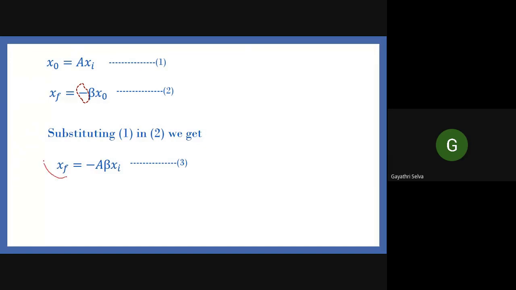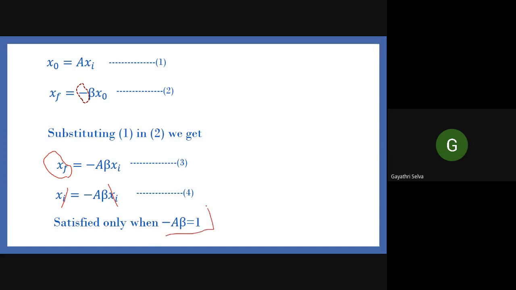I want this feedback signal to be exactly the same as the Xi itself. Therefore, what is the condition we have to keep in mind? Xi and Xi will get cancelled, so minus A beta is equal to 1. This can be satisfied only if minus A beta is equal to 1.